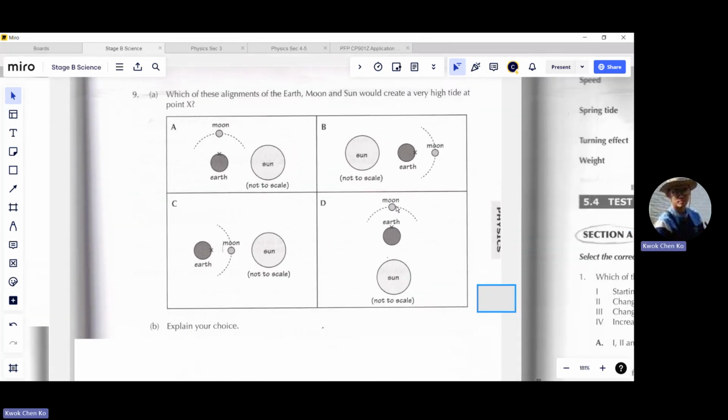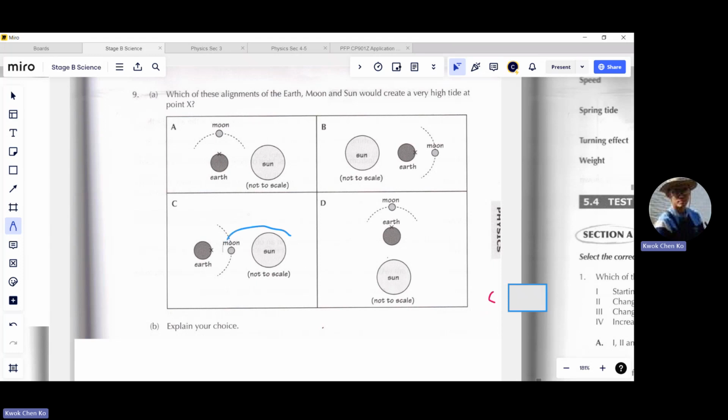Wait, if it's not B. Is it C or D? I mean, that question is similar to this one.